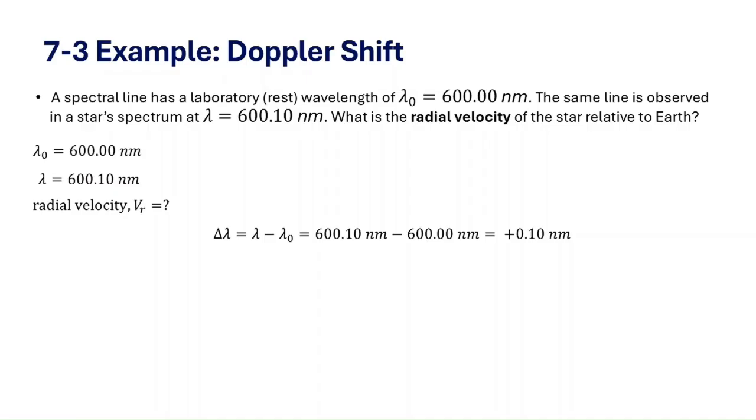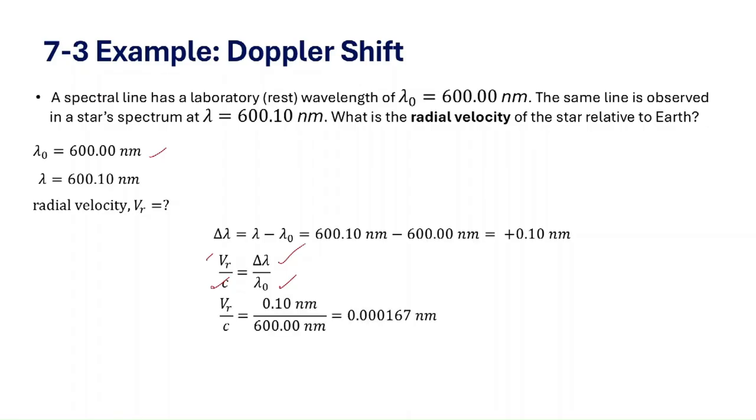Now to calculate the radial velocity, let's plug in delta lambda and lambda naught into the Doppler formula. We just calculated delta lambda, lambda naught is given here, and c is just the speed of light. So we know all these three terms. Therefore we can calculate VR, the radial velocity, right?